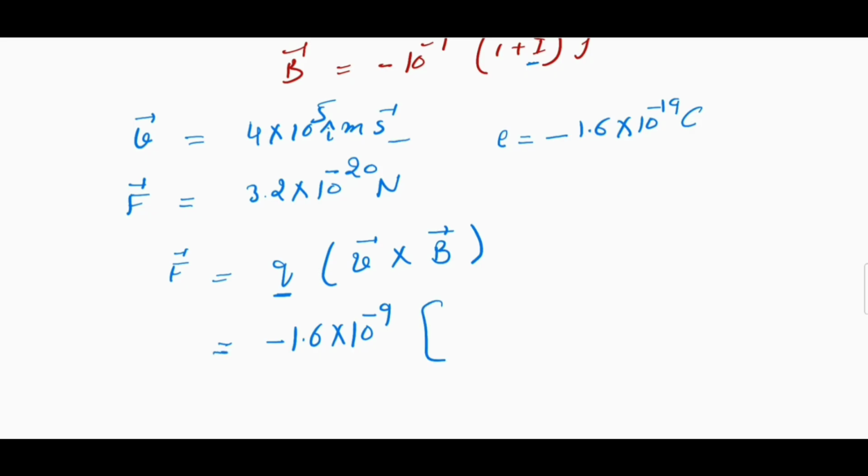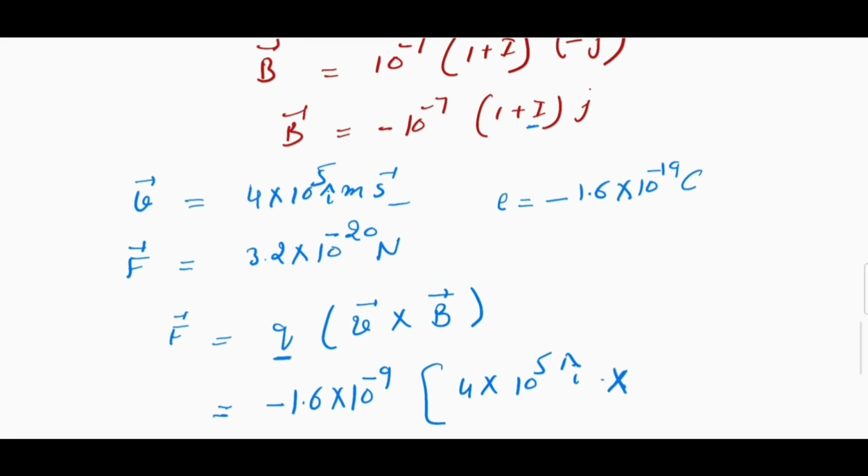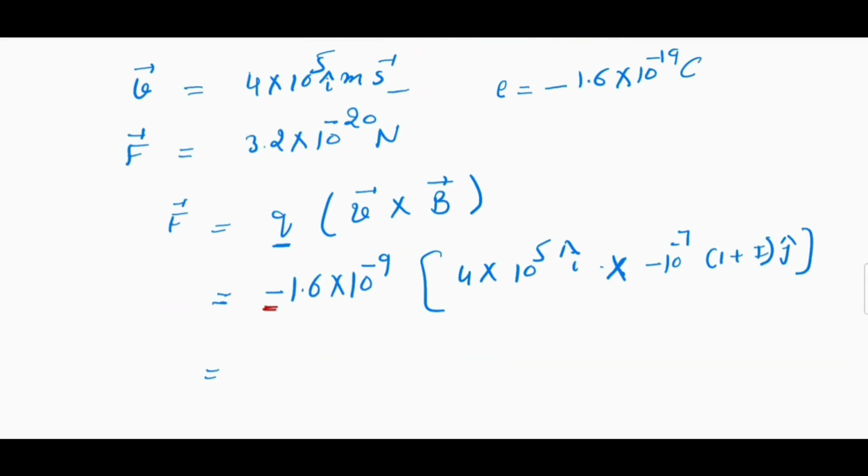V is equal to 4 into 10 raised to power 5 i unit vector, multiplied cross product with B. B is equal to negative 10 raised to power negative 7 (1 plus I) j unit vector. Here we have a negative sign and here also we have, so it will become positive.